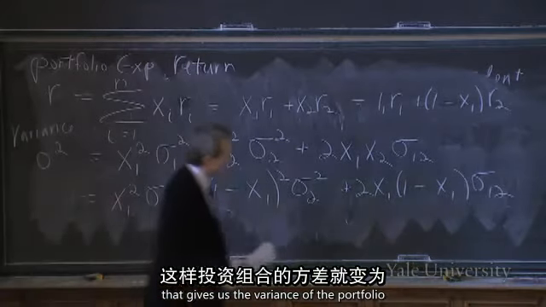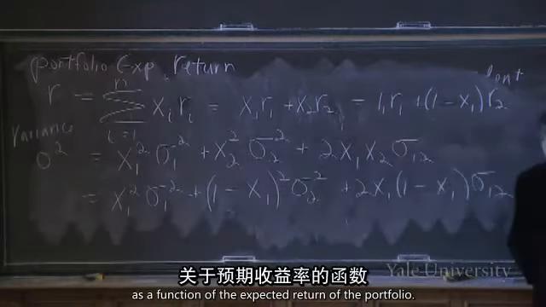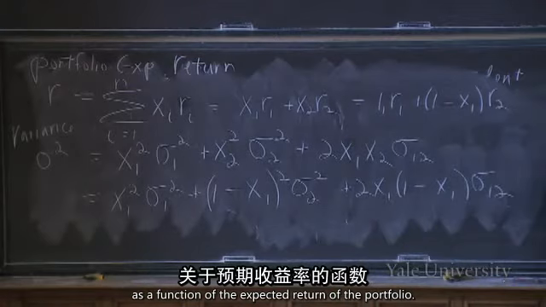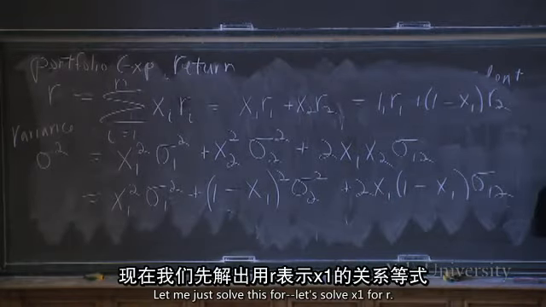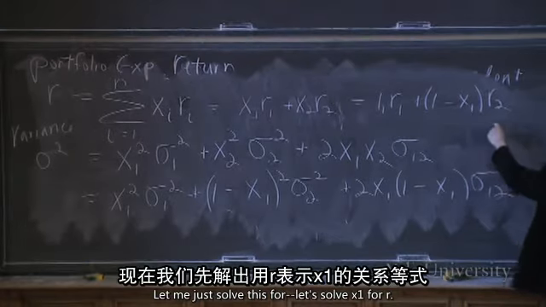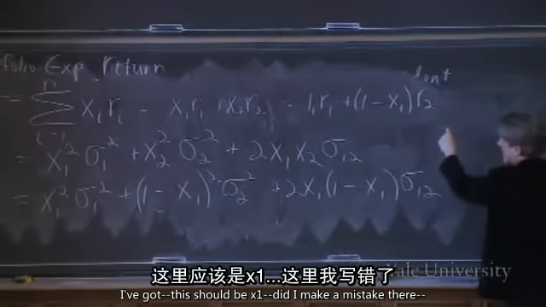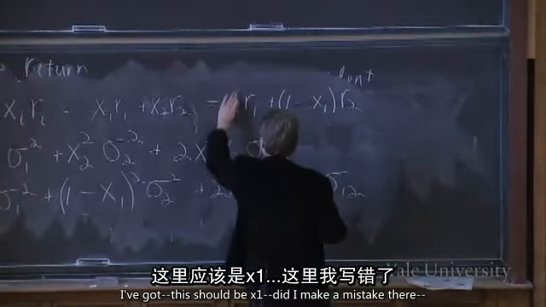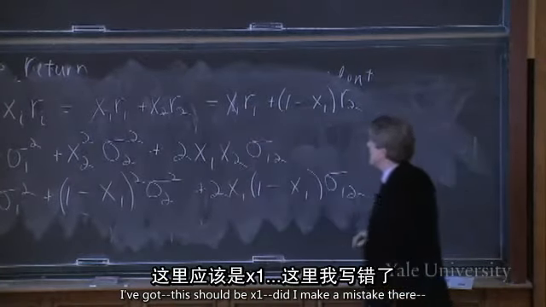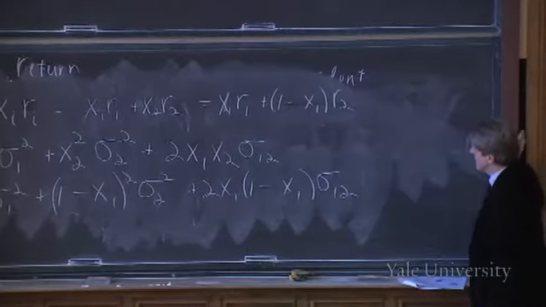And so that gives us the variance of the portfolio as a function of the expected return of the portfolio. Okay? So let's solve x1 for r. So I've got x1 r1... Did I make a mistake there?